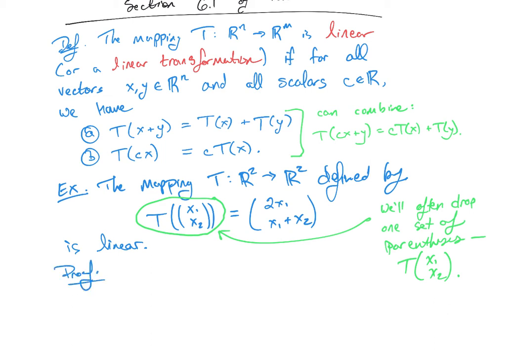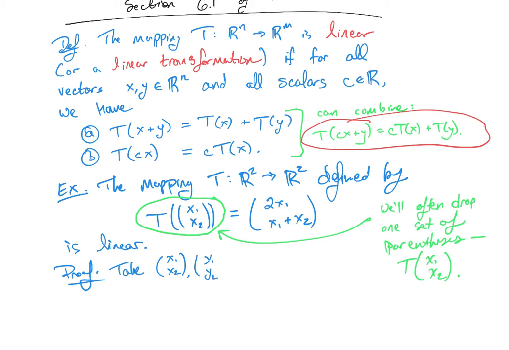Okay, so that's our example. What is our proof that this is actually linear? Let's do the short version. Okay, so take x1, x2, y1, y2 to be column vectors in R2, and c to be a scalar.